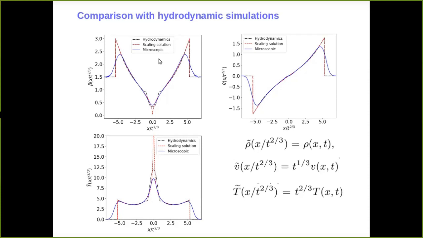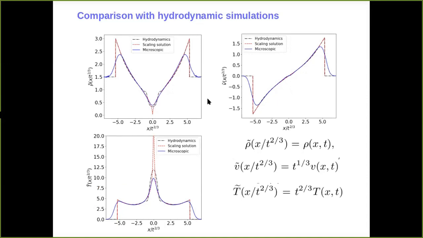Again, the scaling functions are given by these three equations, and scaling fields are given by these three equations, and they do not agree near the shock front and near the shock center.